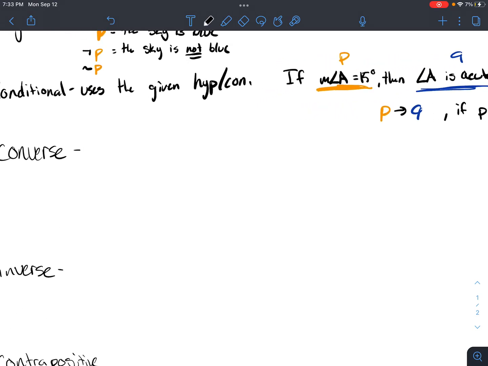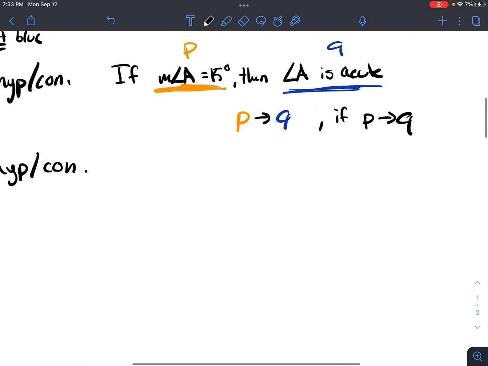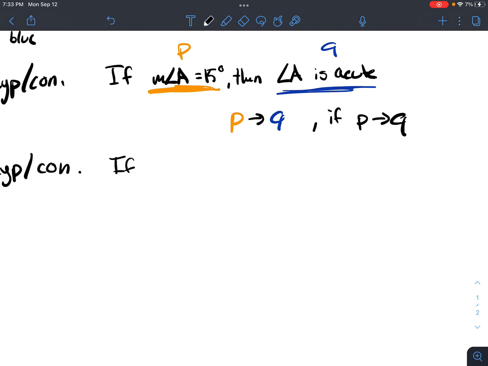So the converse swaps the hypothesis and the conclusion. So now we're saying if angle A is acute, then the measure of angle A is equal to 15.